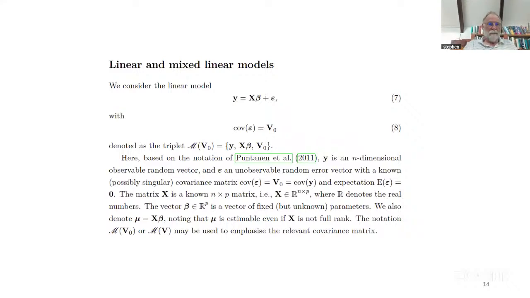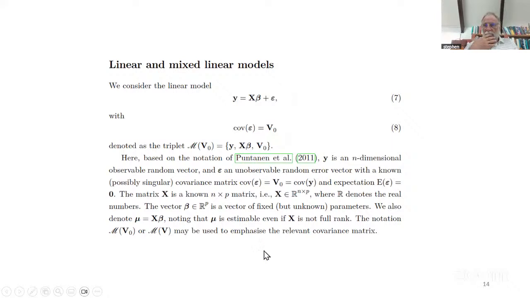So onto some more familiar material, perhaps. What we're looking at here is we're back to a linear model, because Rao's result applied to linear models, not to mixed models. So I'm going to try and link those two up in just a minute. But what we've got is an error in here with the covariance that's V0.